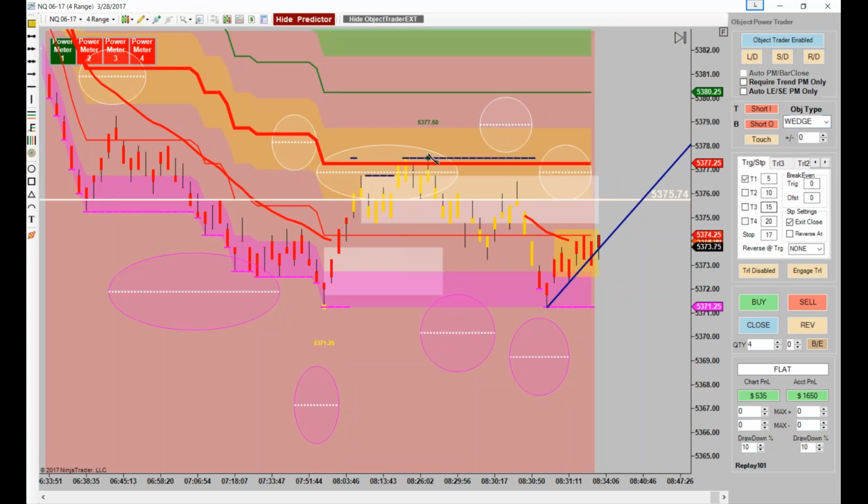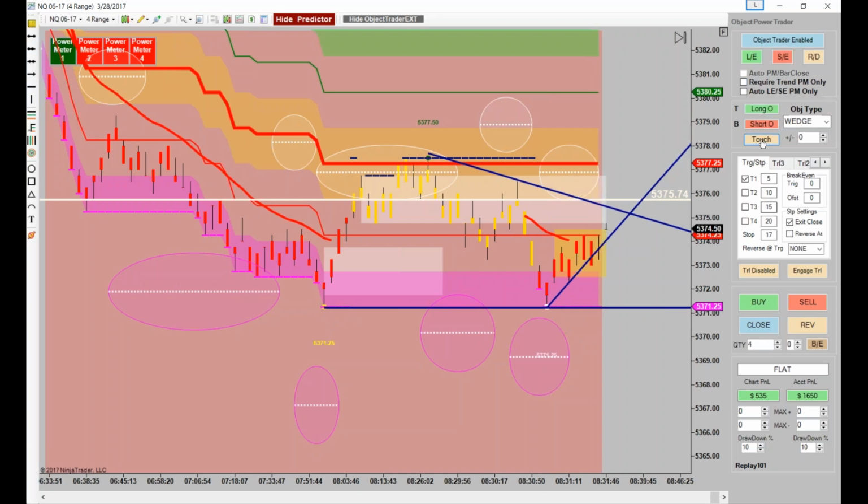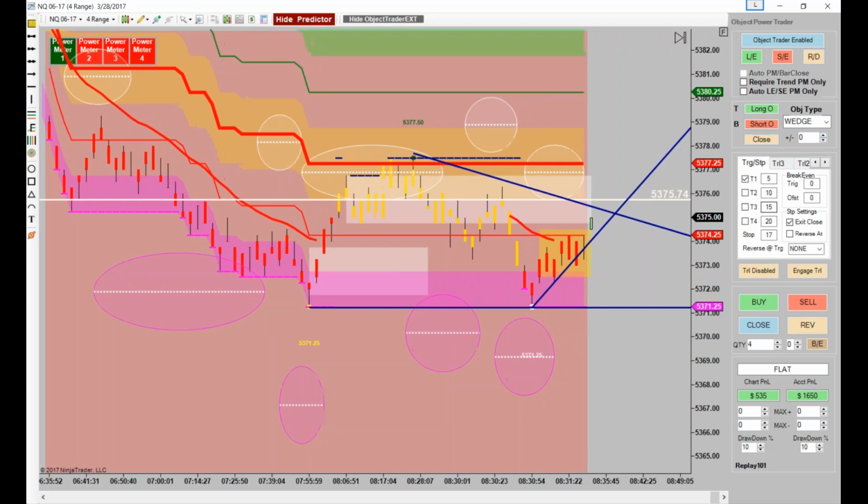Let's try another type trade. That one's at the bottom, so if they take it out, we'll just go for a breakout if it happens to do that. So I'm going to go long, short, and we'll do close.